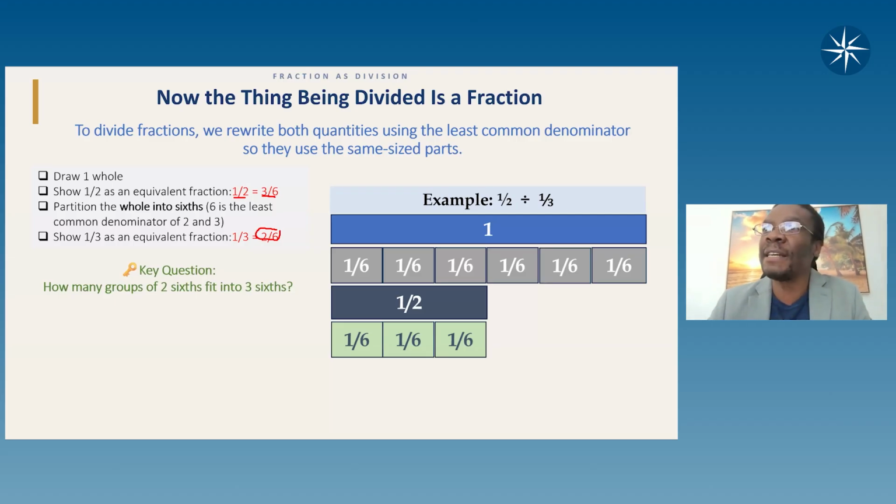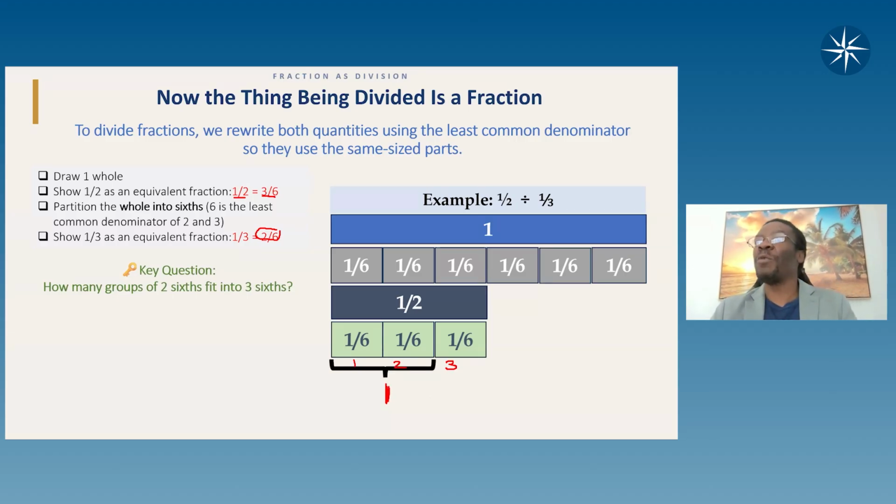So we have 3/6: 1, 2, 3. We can get one full group of 2/6, and we have how many remaining? We have 1/6, which is 1/2 of what we need for a full group.